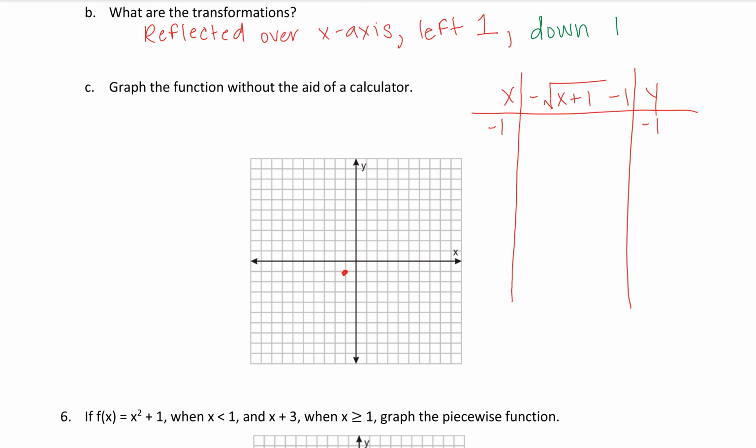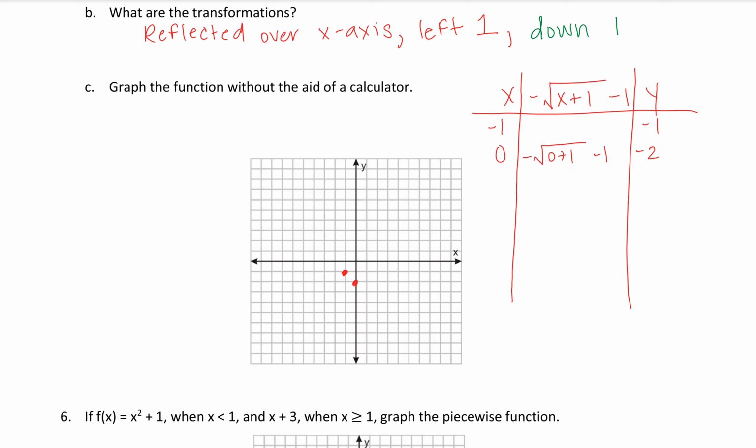Now, I'm actually going to look at 0, because these usually go to the right. So I'm going to plug in a 0. Well, 0 plus 1 is 1. Square root of 1 is 1, but there's a negative out front, so it's a -1, minus 1, so that gives me a -2. So I have a point at 0, -2.